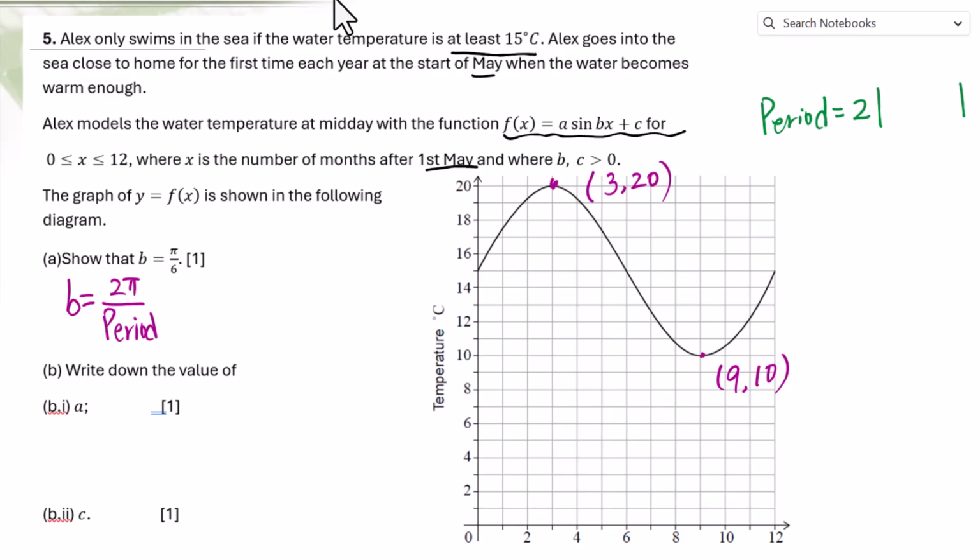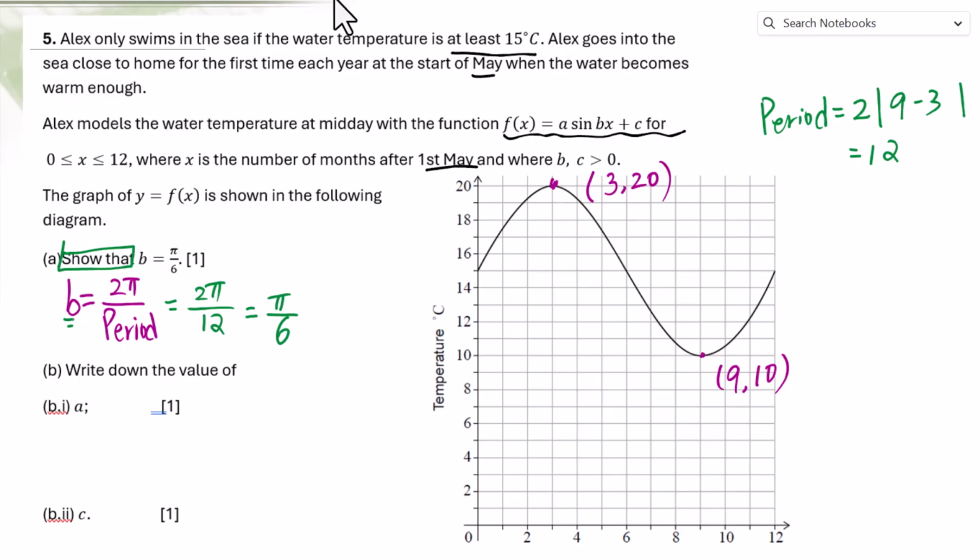So we get 2 times |9 − 3| = 12. Then 2π over 12 equals π/6. "Show that" basically means prove, so you just need to show the work, how you work out this b.